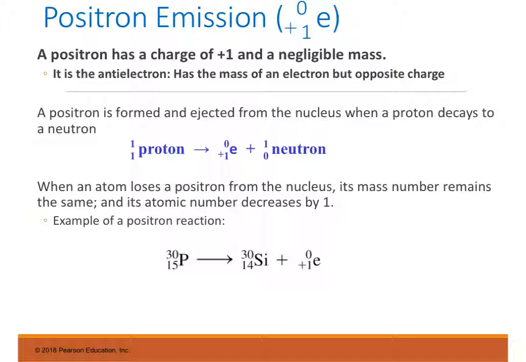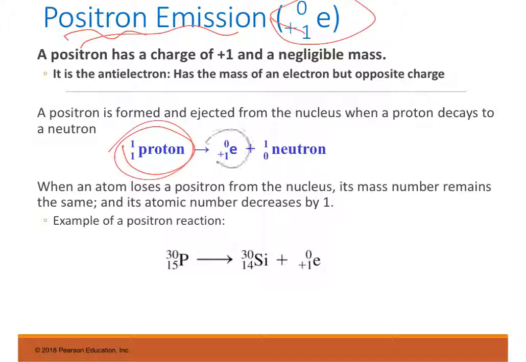Okay, and then the two more minor modes of radioactive decay. Positron emission. Again, a positron is simply the opposite of an electron. And so now in this case, instead of with beta decay, where we have a neutron decomposing, with positron emission, we have a proton that decomposes to make the positron and a neutron.